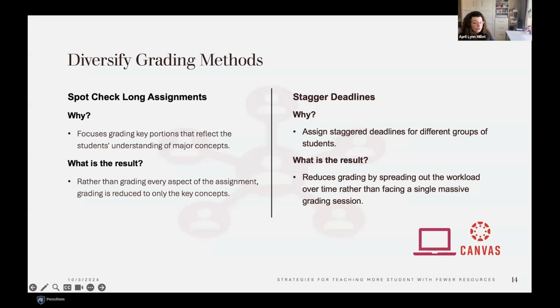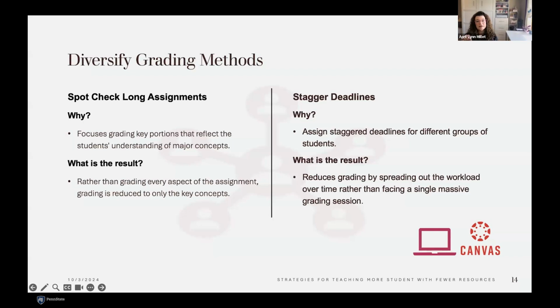For the staggering deadlines option, if you have an assignment that's flexible, like you want your students to write something throughout the semester, and maybe your class is on a bunch of different topics and everybody doesn't have to do every single one of them.